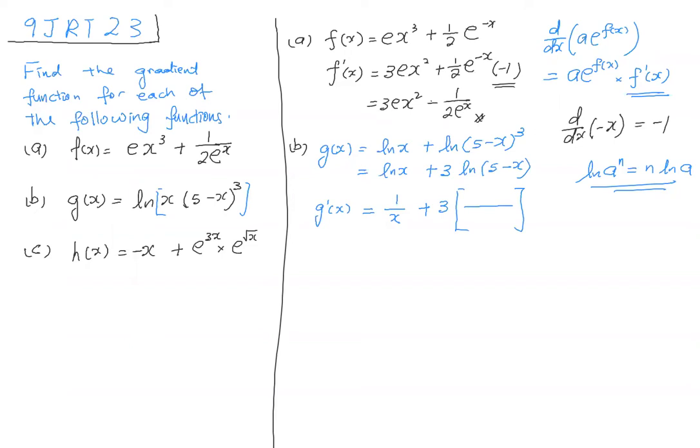Are you sure? Yesterday, Ms. said you must write the bottom first. Am I right? Yeah. So what is the derivative of 5? It's 0. What is the derivative of negative x? Negative 1. Yeah, negative 1. So you see, do the bottom first, then only do the top. So it will be 1 over x minus 3 over 5 minus x.